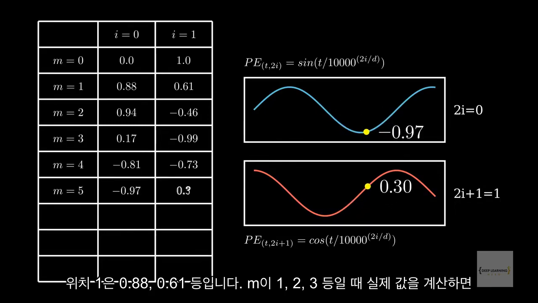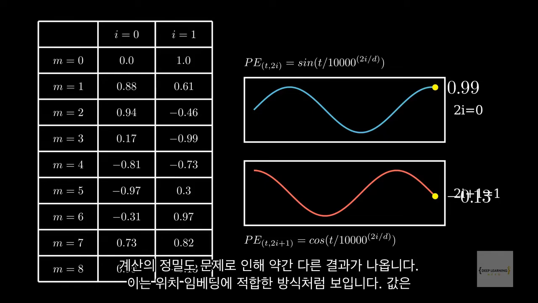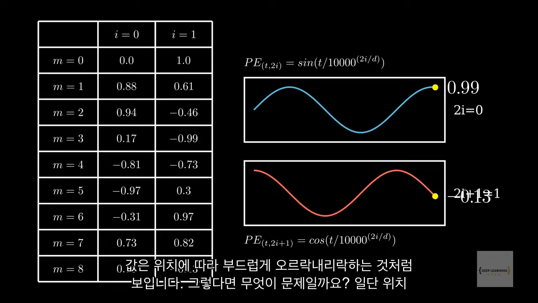If you compute the actual values at m equals 1, 2, 3, and so on, you will get just slightly different results due to precision issues in our computation. This looks like a sensible thing for a positional embedding. The values seem to gracefully go up and down based on their position.